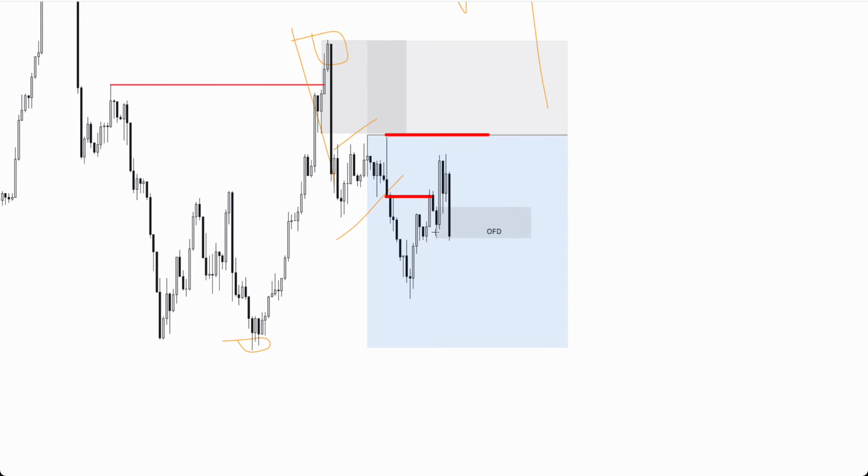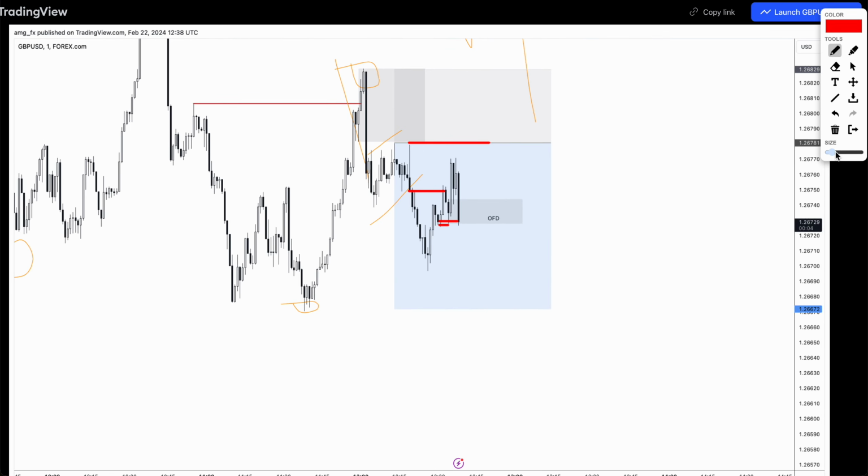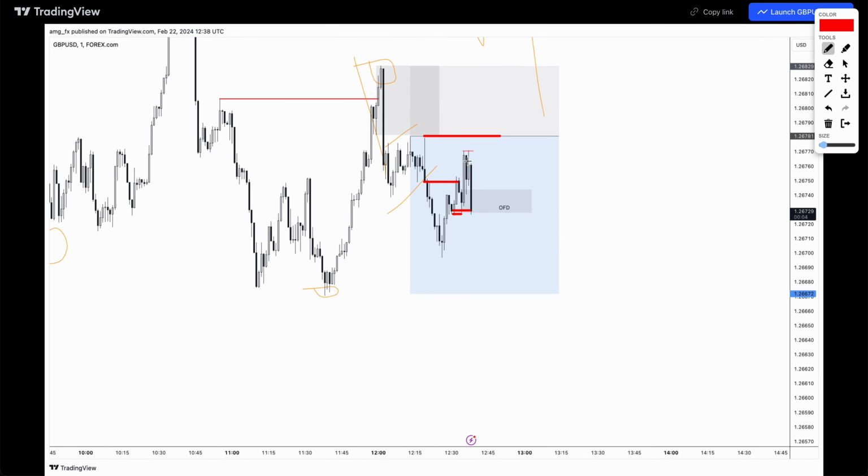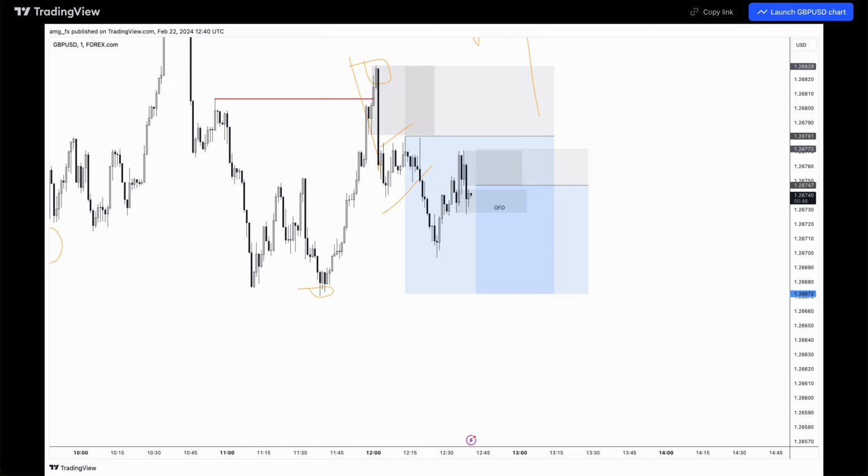And you can see we have the POI here, reaction, this POI mitigated this wick over here, and then price came back in, tapped, came up, and if I thin my pencil, you'll be able to see that this did actually break that high, so that's a reaction, and then we had a break straight afterwards, right? So technically now we've had OFD, we've got a new micro solidified point, and what happens after that is we have an entry point, right?